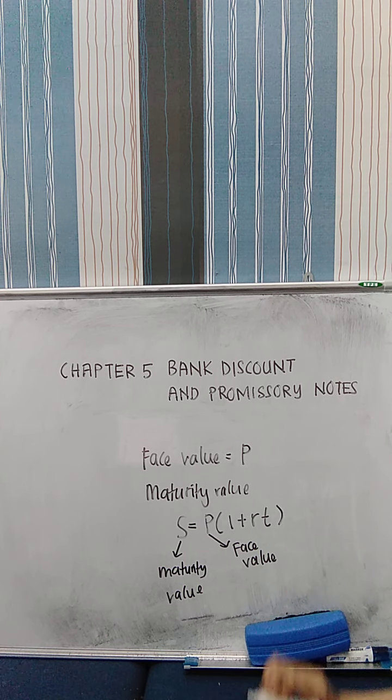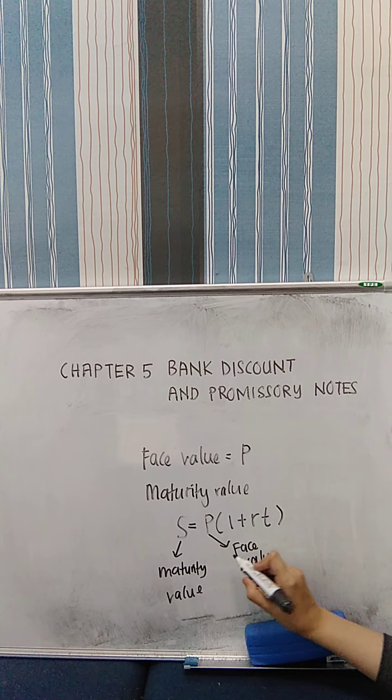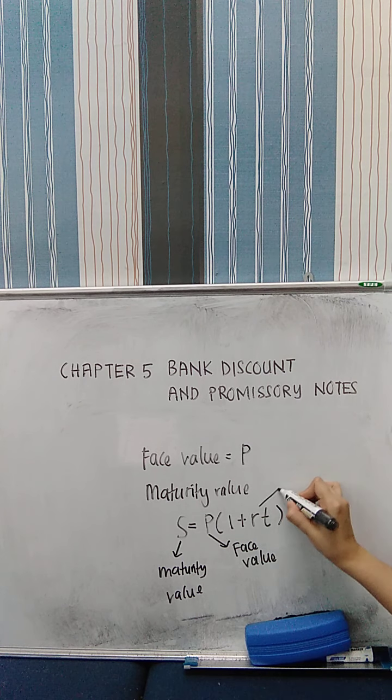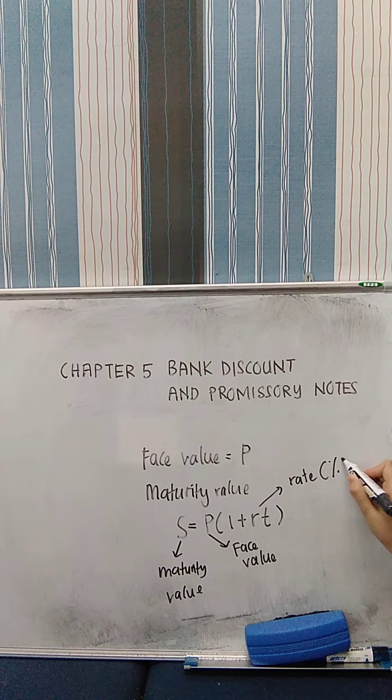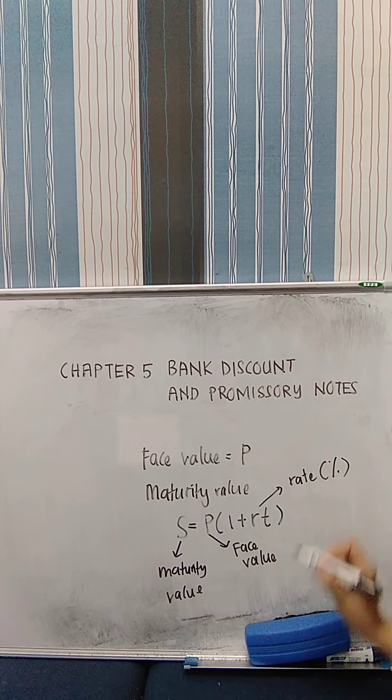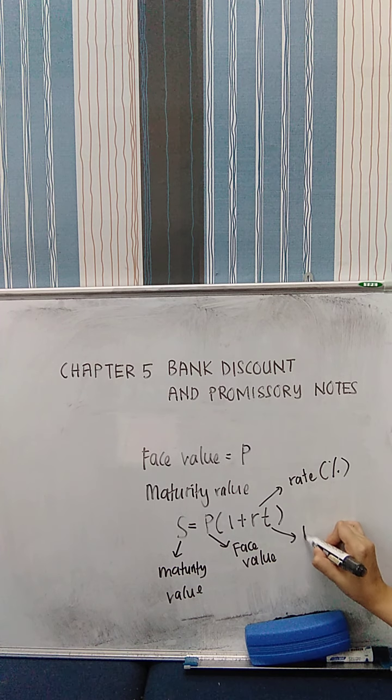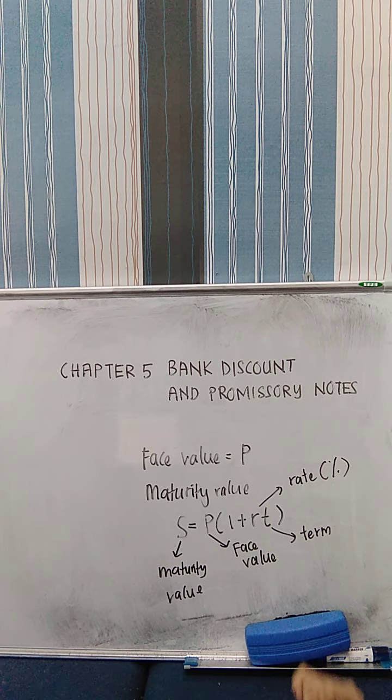How much the maker wants to borrow is the face value. R is the rate in percentage. And T is the term. Term means the length of the time for the due of the payment.